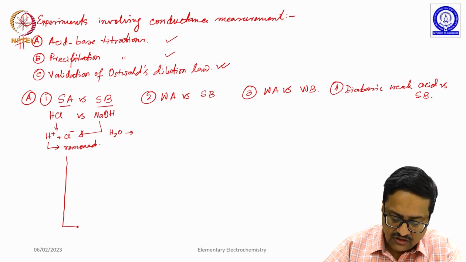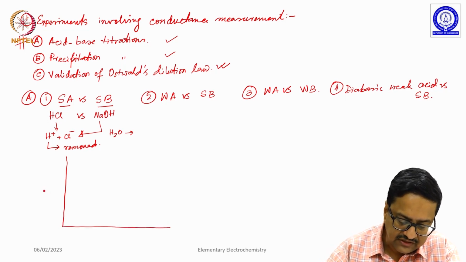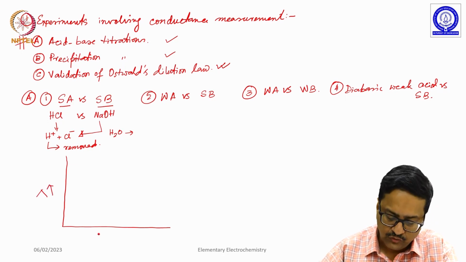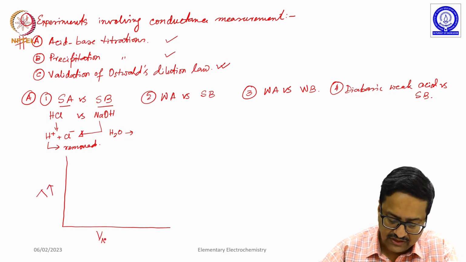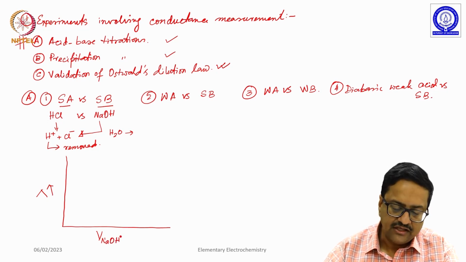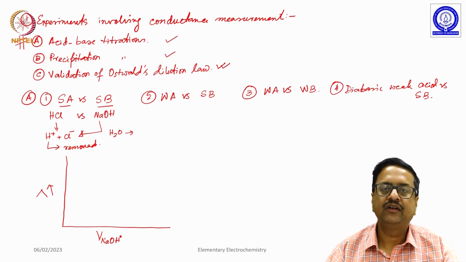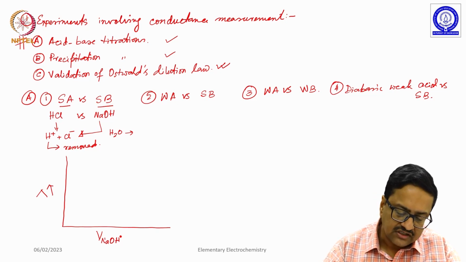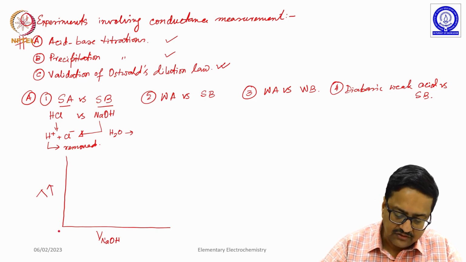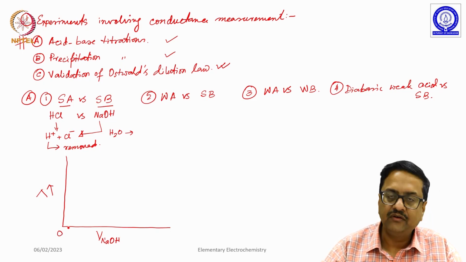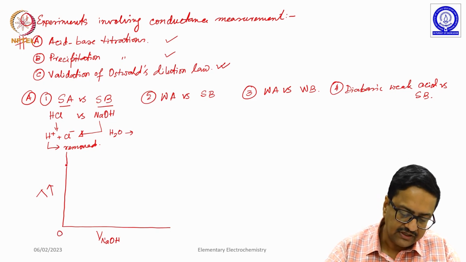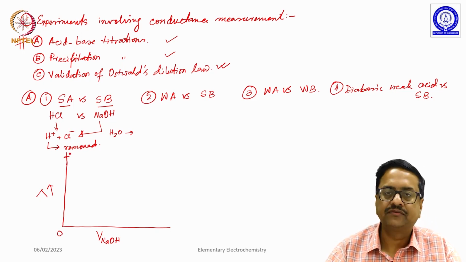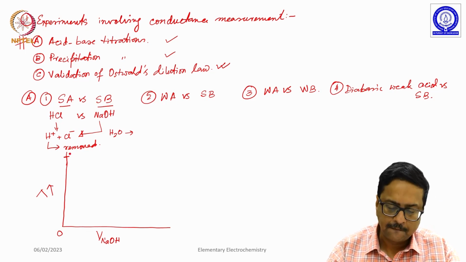If we try to plot the value of conductance of a given solution with the volume of NaOH added, H+ ions having very high ionic conductivity, the solution initially, when no volume of NaOH is added, will have a very high value of conductivity at the beginning.